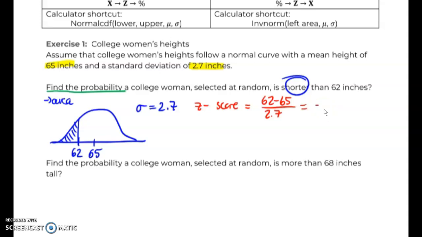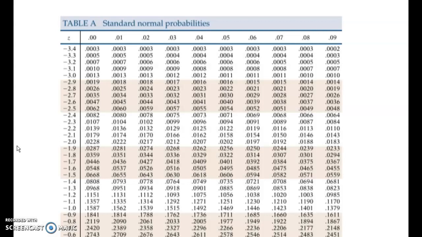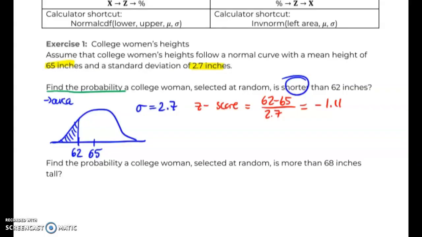This gives us a z-score of negative 1.11. Then we go to our table, find negative 1.11, and find the probability, which is 0.1335. So let's put in a probability of 0.1335.